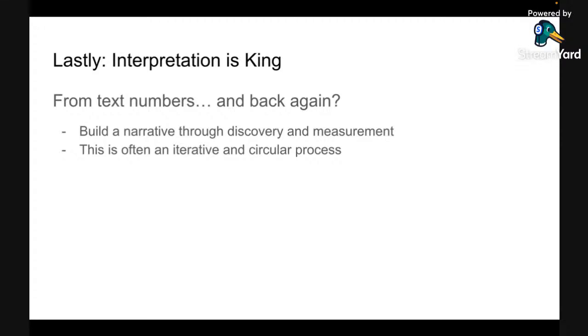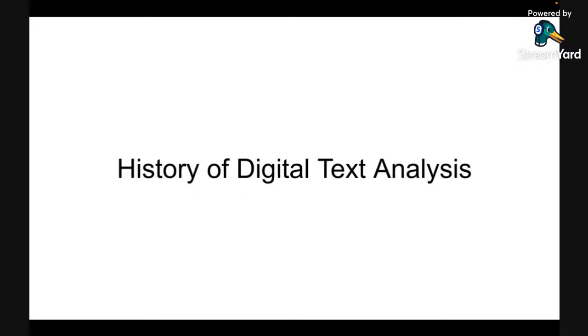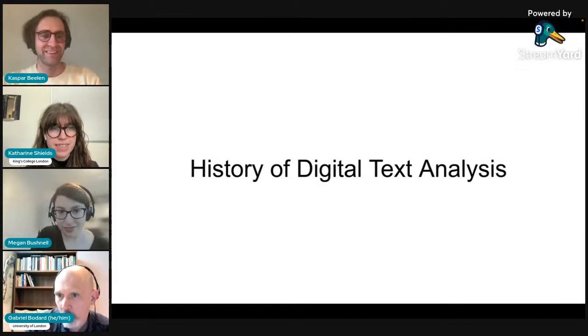And this is often a circular, iterative process. You want to measure something, and then you see, is this really what I'm finding? And you will refine it. But like this, you always have to go back from text to numbers, and then from numbers again to a narrative of your text. I will now give the floor to Megan, who will talk more about the history of digital text analysis.